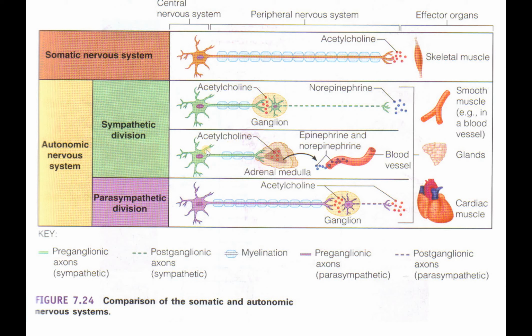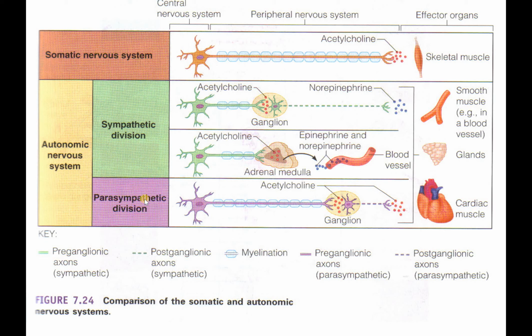If you get the adrenals involved, your preganglionic axon will release acetylcholine. And then when it synapses on the adrenal medulla, it's going to release epinephrine, norepinephrine into the blood, and when these catecholamines hit tissue, it's going to tell tissue to be in sympathetics.